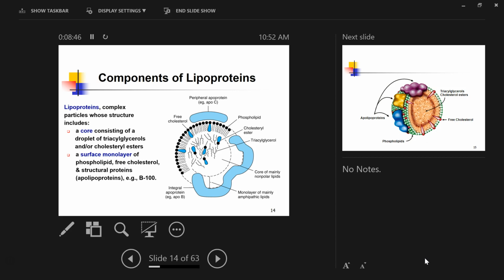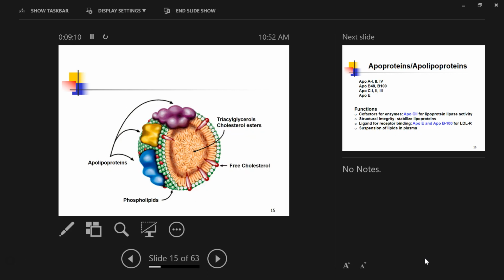In addition to lipids, the surface of the lipoprotein also contains some proteins called apoproteins, which are very important for lipoprotein function. So this is just a different version of the lipoproteins.